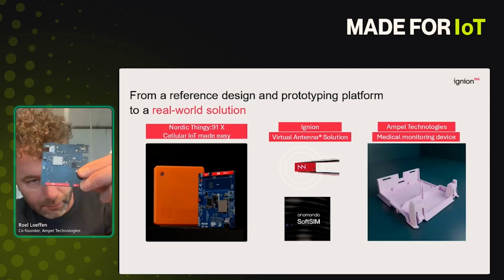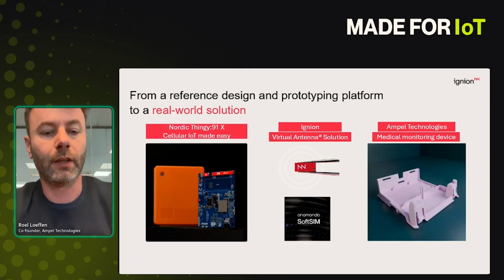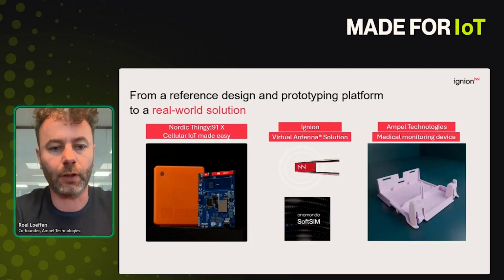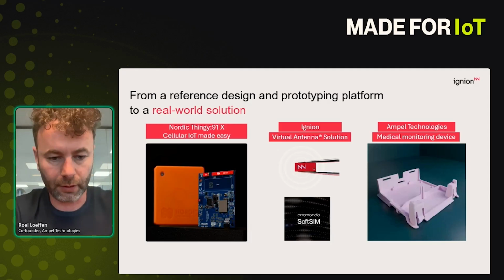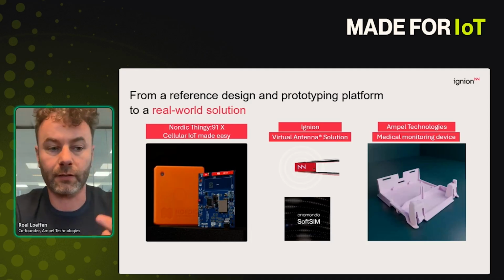The device looks pretty much like the Thingy 91X, but it's tailored in many places. Looking at the antennas, we've used Ignion solutions for all three connectivities: GNSS, LTE, and Wi-Fi.